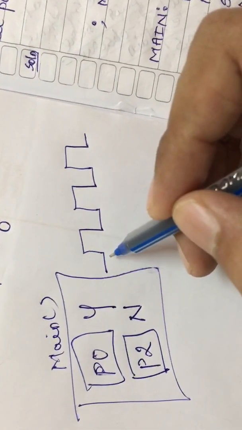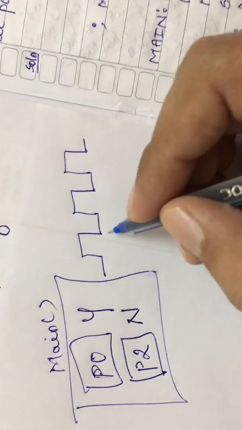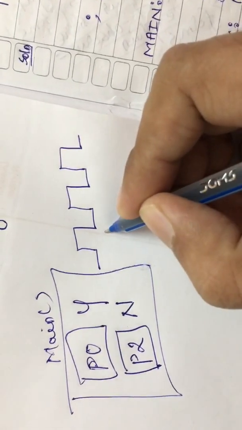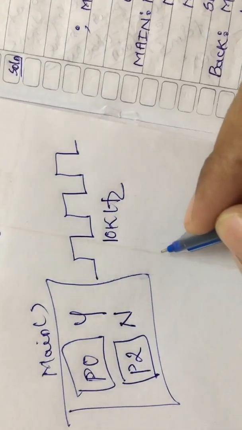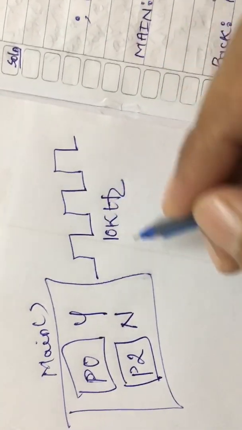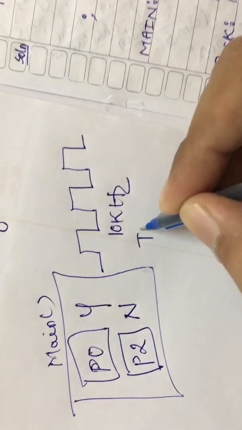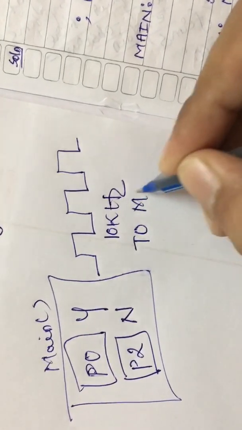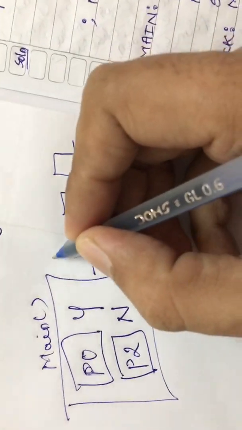In turn we need to generate a square wave, and this square wave should have the frequency of 10 kilohertz. In order to maintain this 10 kilohertz, we need to use timer 0 in mode 2. And this should be generated on which pin? Pin P1.2.